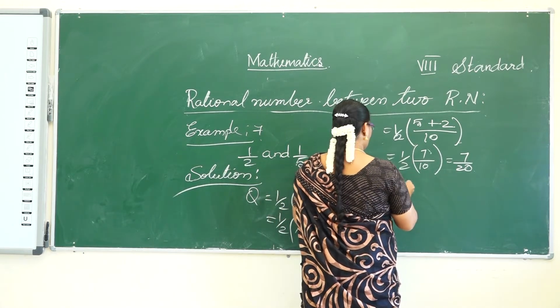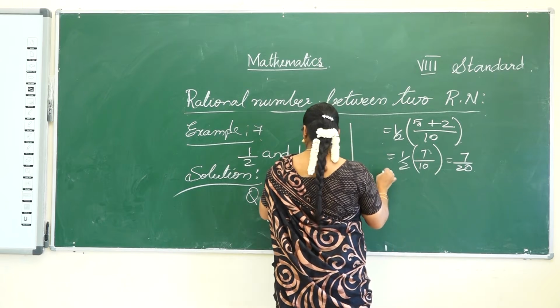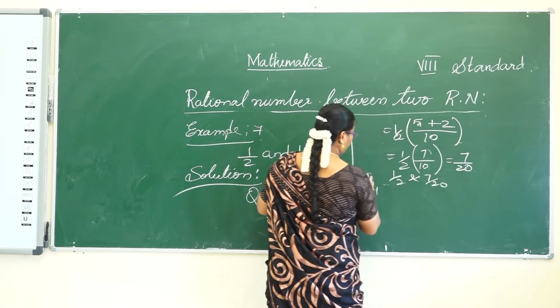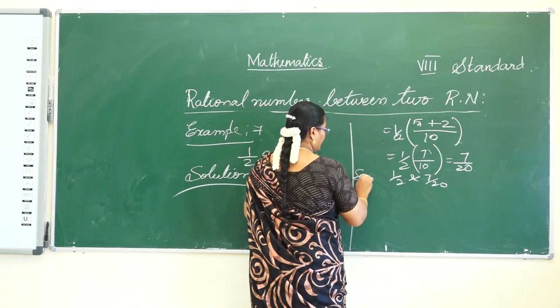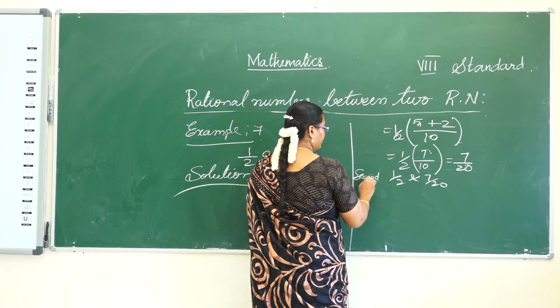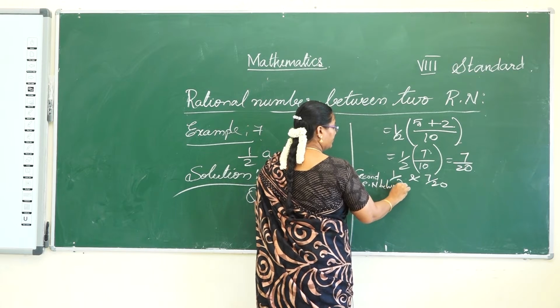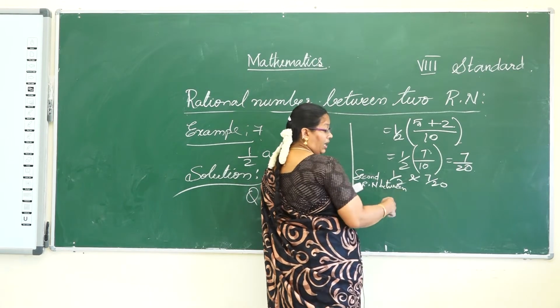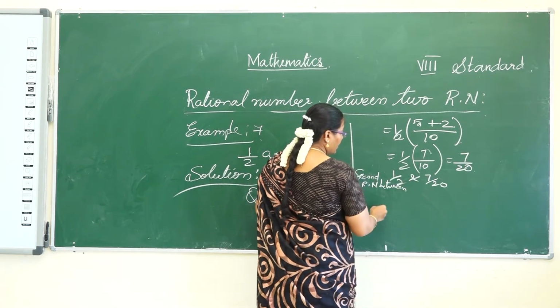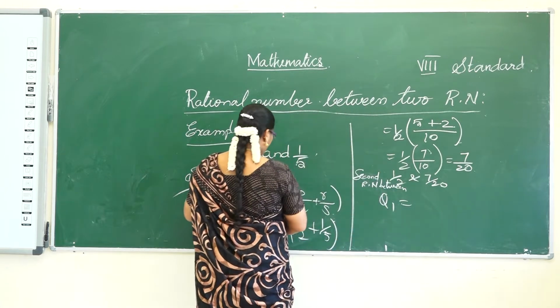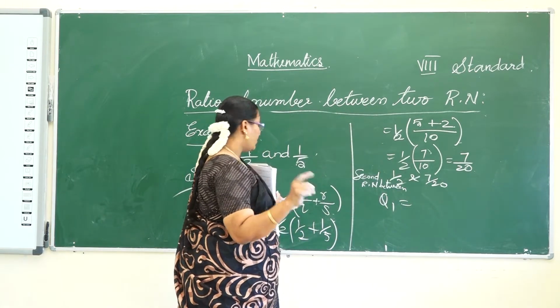The second rational number between 1 by 2 and 7 by 20, which I have found. Okay, consider the first rational number be q.